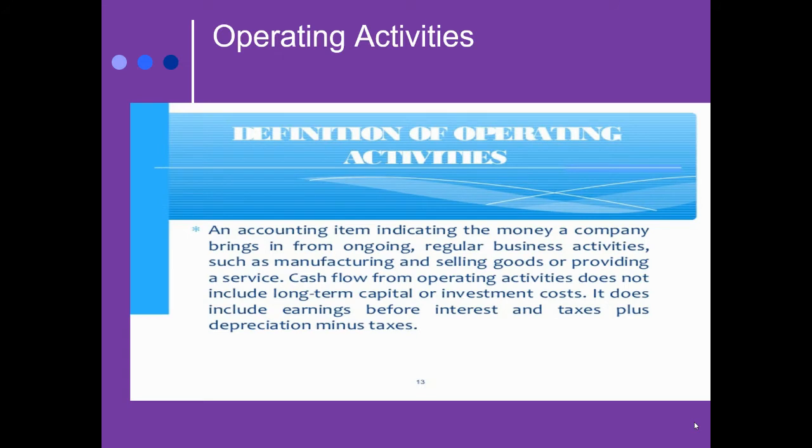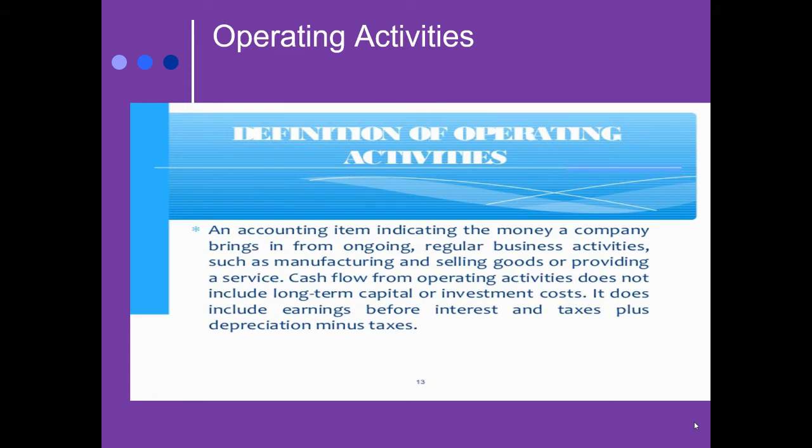So what is the definition of operating activities? In accounting, the item indicating the money a company brings in from ongoing regular business activities, such as manufacturing and selling goods or providing a service, is called the operating activities.